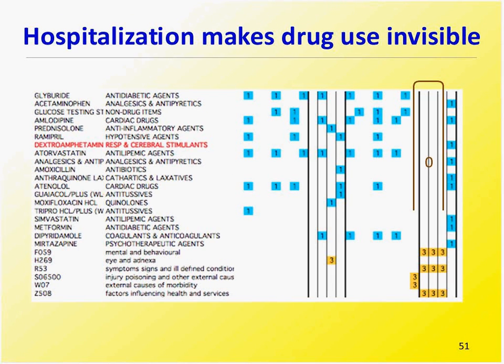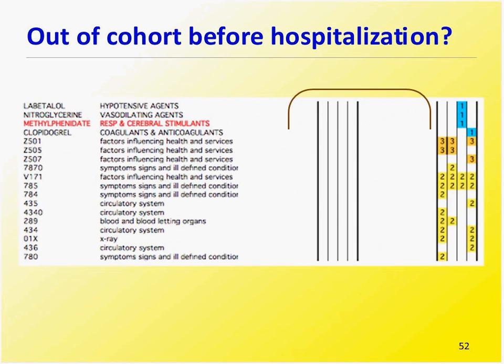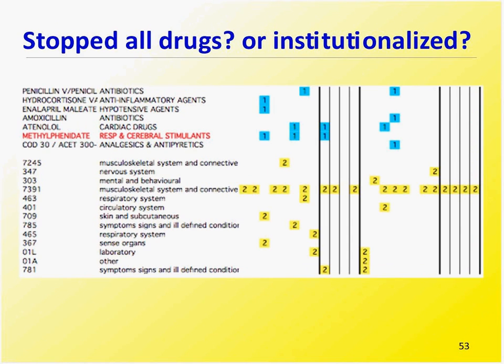and times when they completely disappeared from the data. That was probably a hospitalization. Yeah, it was a hospitalization, and their drug data disappeared, because our drug data comes only from communities, not from hospitals. You wonder where this person was.